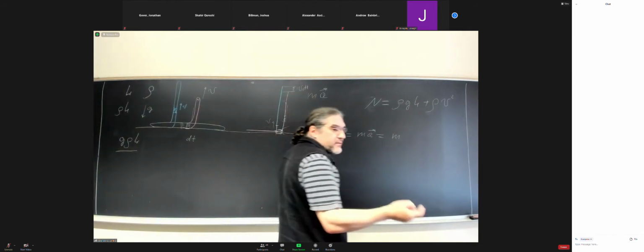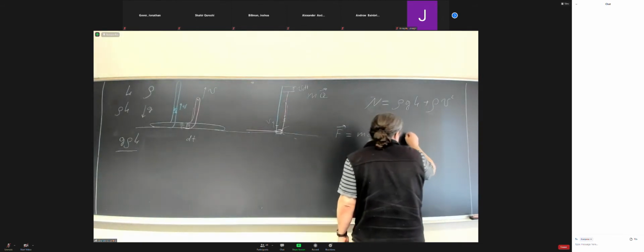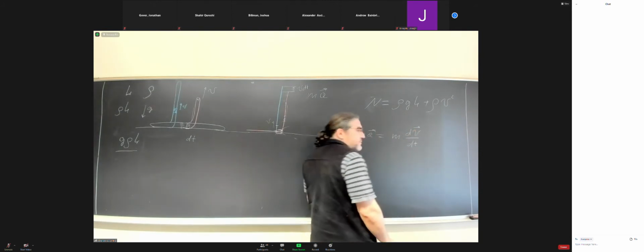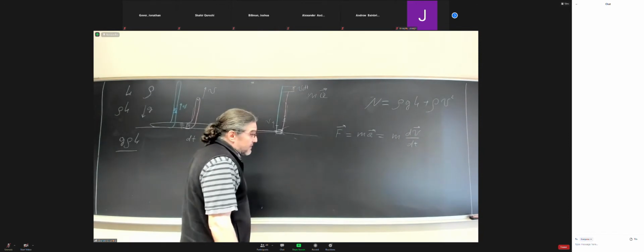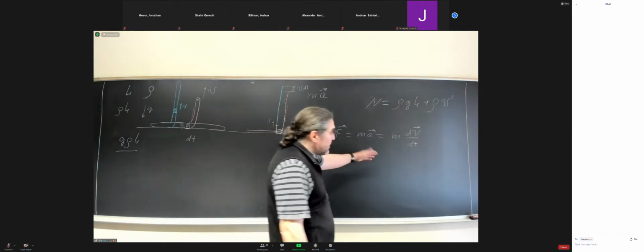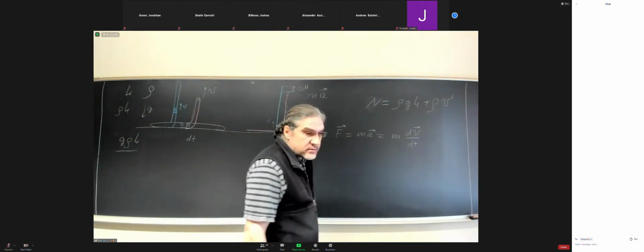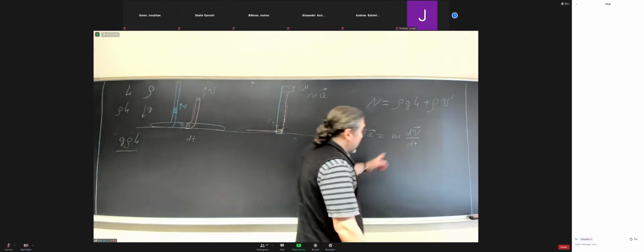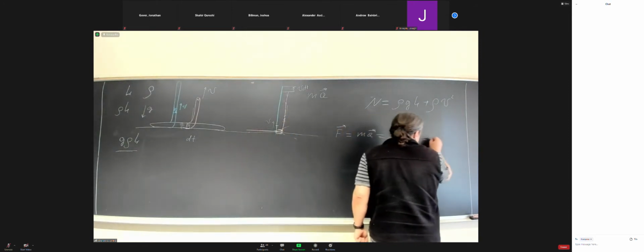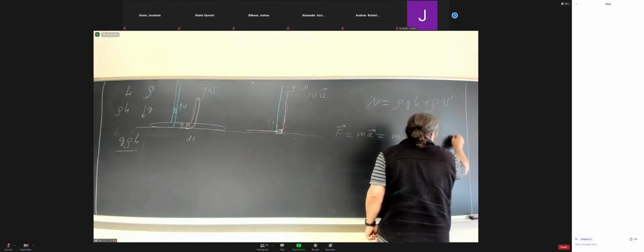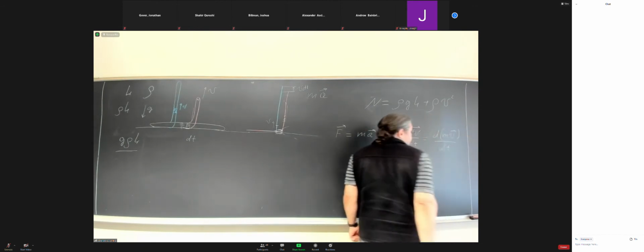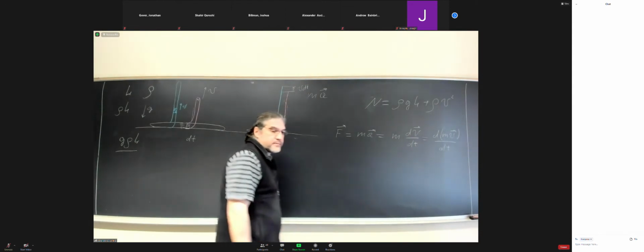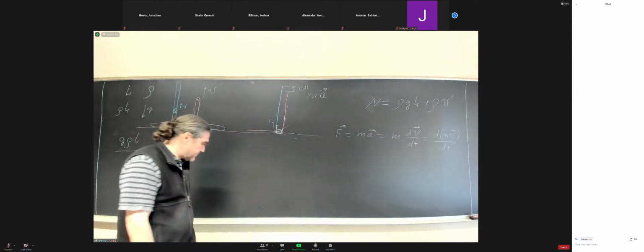Acceleration is the time derivative of velocity, so that's dv divided by dt. It's written for the point-like particle, so the mass is not changing. So I can move it under the derivative and write that this is d(mv) over dt. That makes sense?